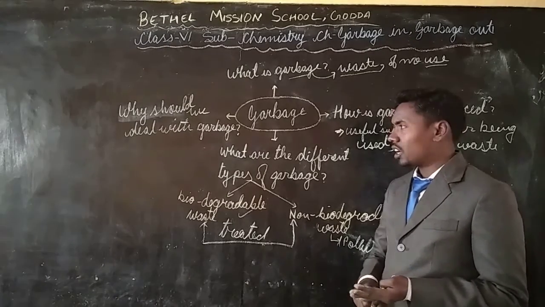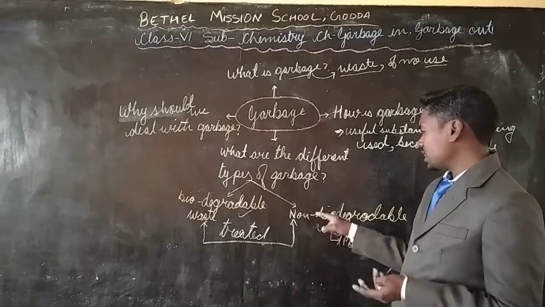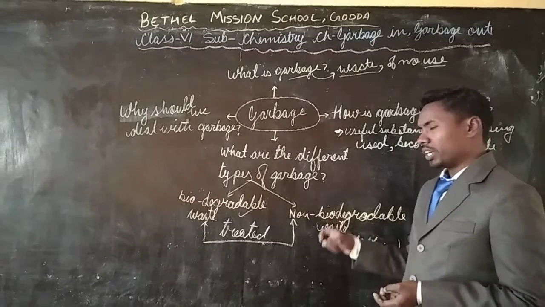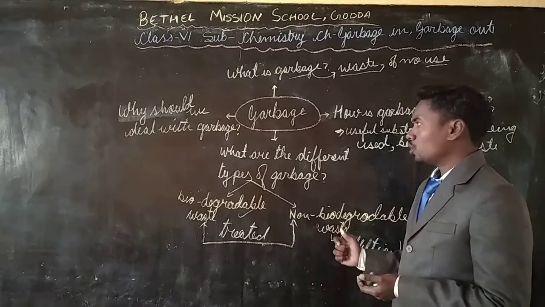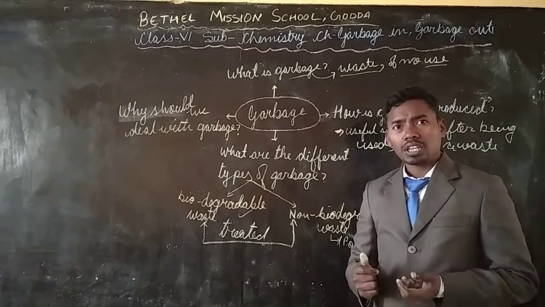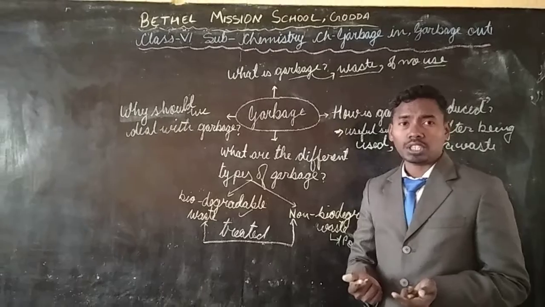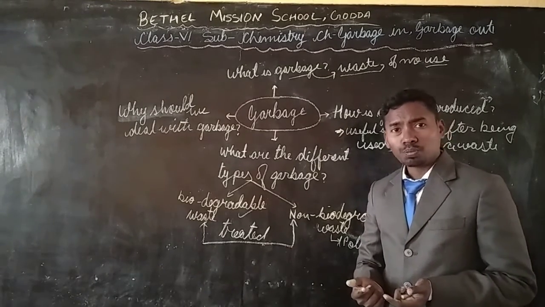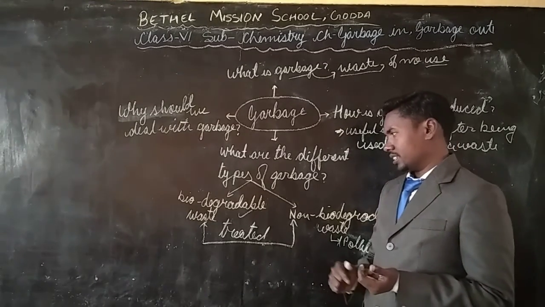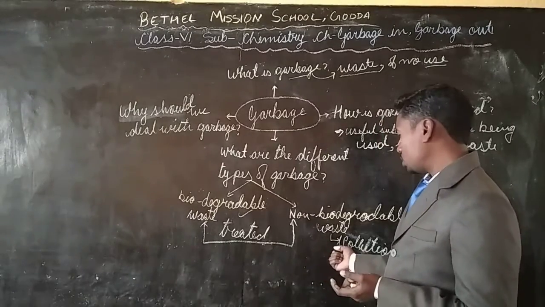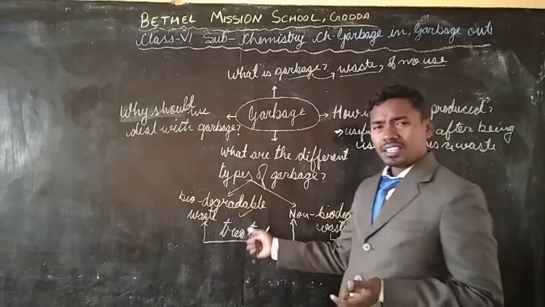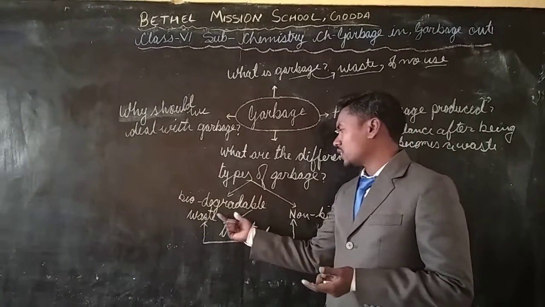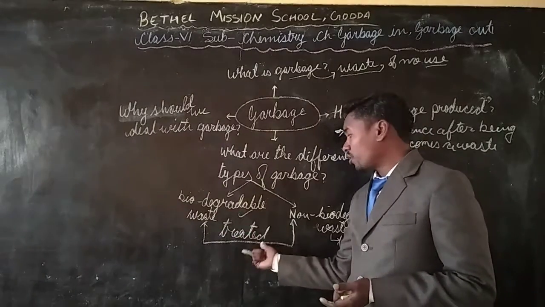All these three are very badly affected by non-biodegradable waste. So that is why we should deal with garbage properly so that we can reduce pollution. On the other hand, pollution is not done only by non-biodegradable waste. It also comes with biodegradable waste if not treated properly.